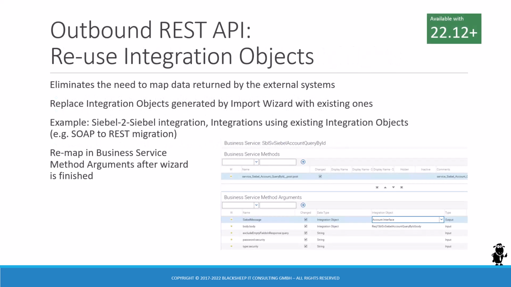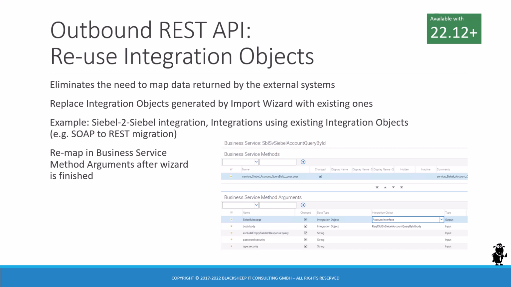So let's get into a little bit of detail on the first new feature. For the outbound REST API, you can now reuse integration objects. So what does that mean exactly? That means that when you import an OpenAPI 2 or 3 JSON file and the wizard generates the business service, the proxy business service, it also generates integration objects.